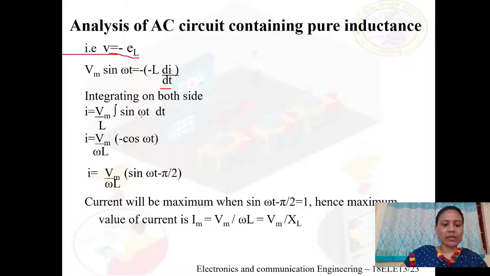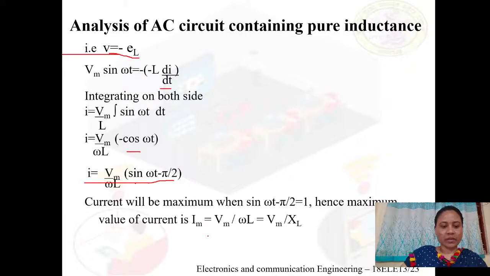So integration of sin omega t is minus cos omega t, and minus cos omega t can be written as sin omega t minus pi by 2. So here the current becomes maximum when the sinusoidal term is 1, that is when sin of omega t minus pi by 2 is equal to 1, I becomes Im.